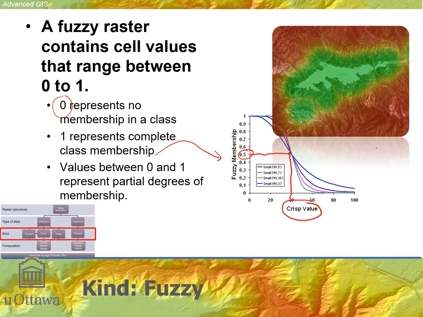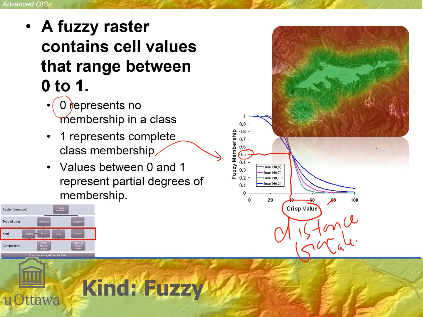So in this case, let's say that was distance. This could be distance from lake. In the distance from lake, we go from 0 to 20. Let's say that's 20 kilometers, 40 kilometers, 60 kilometers, 90 kilometers, 100 kilometers.